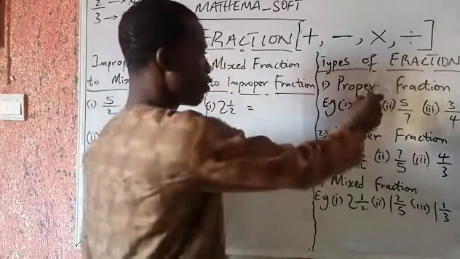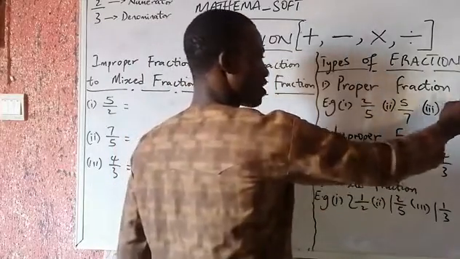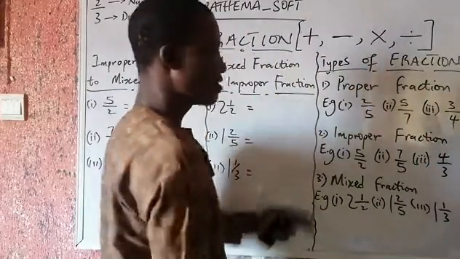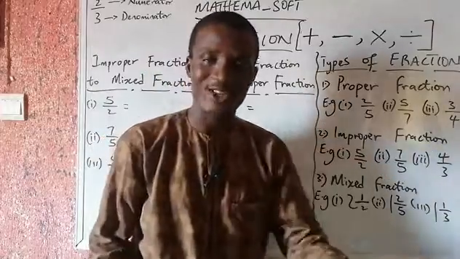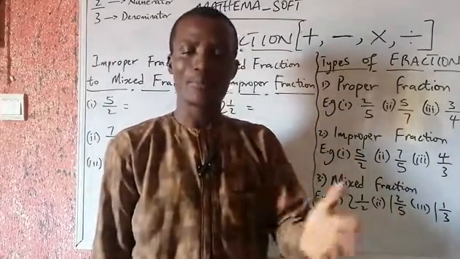So it is proper for 2 to sit on 5, for 5 to sit on 7, for 3 to sit on 4, rather than you to do it otherwise. So you can just use that imagination to understand when we say proper fraction.